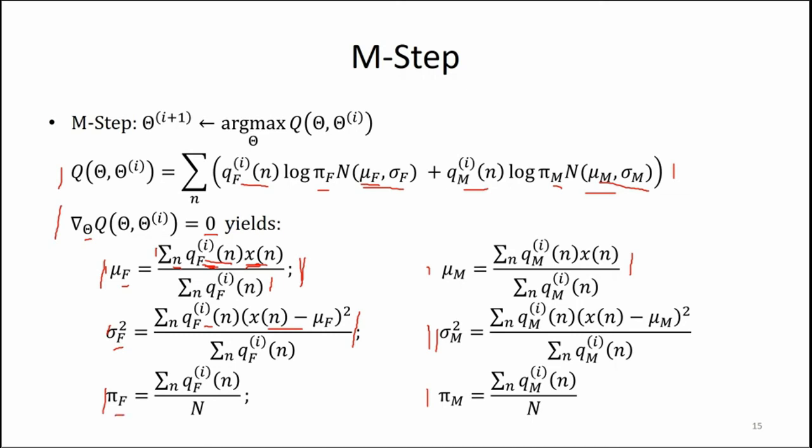The pi f, which is the prior probability of female, is simply computed as the average of all the probabilities of the samples being female, which is the summation of q f i n divided by the total number of samples n, and likewise for pi m.